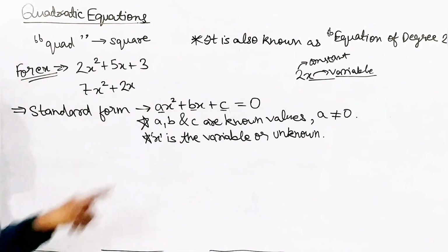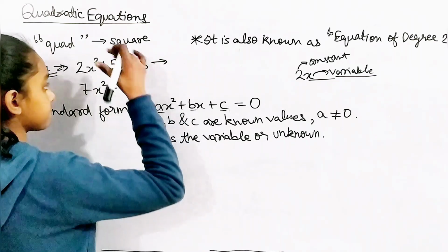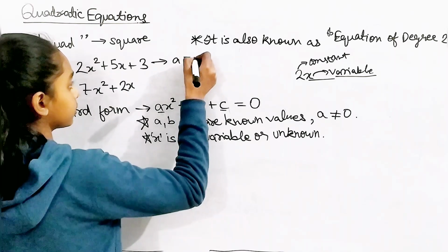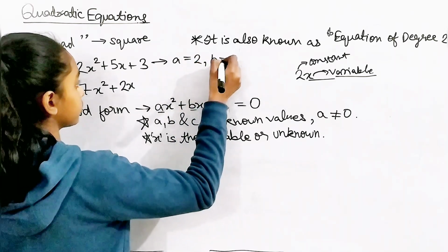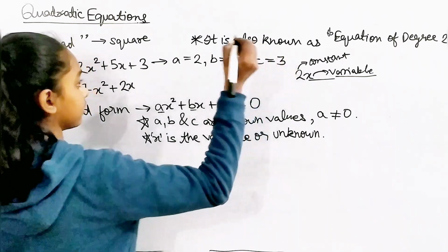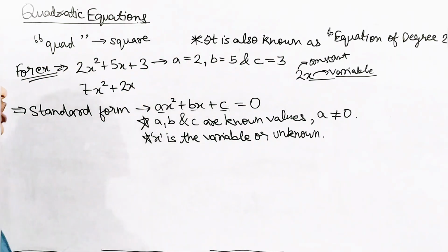Let's talk about this A, B, and C. For 2x squared plus 5x plus 3, A is equal to 2, B is equal to 5, and C is equal to 3. This is totally clear to us, isn't it?